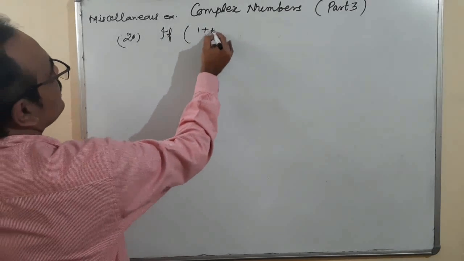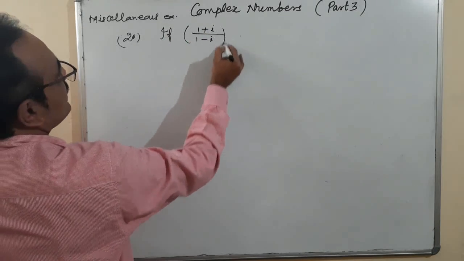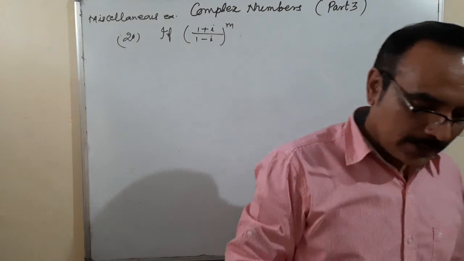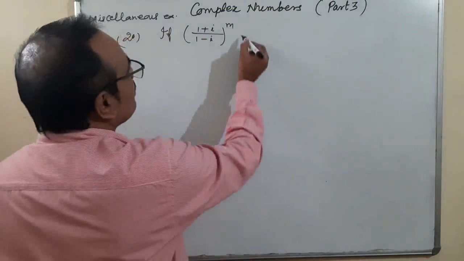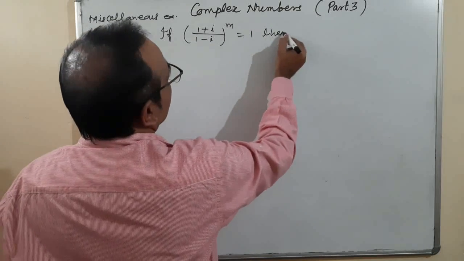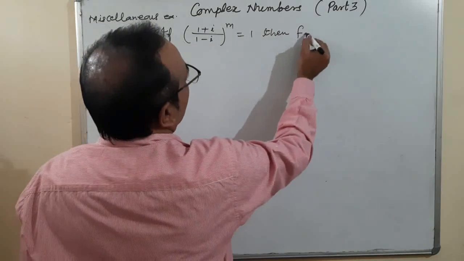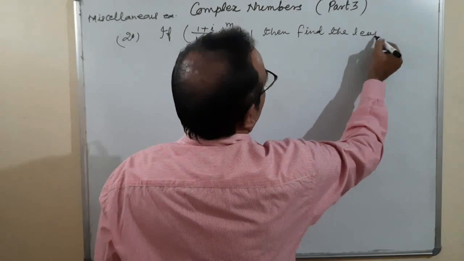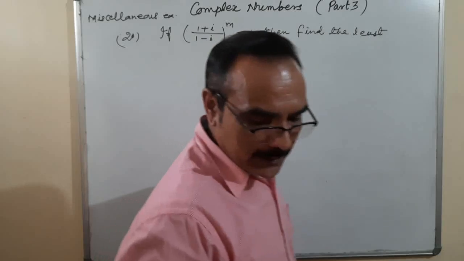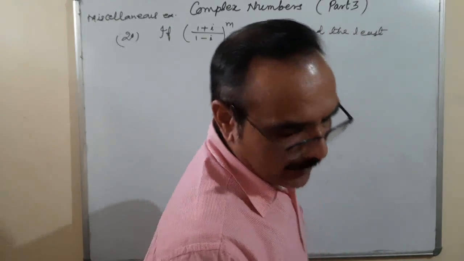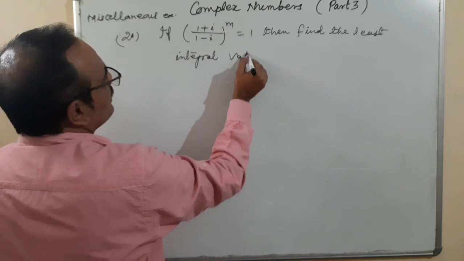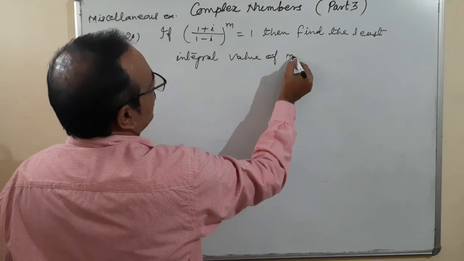If (1 plus i upon 1 minus i) to the power m is equal to 1, then find the least integral value of m. Least integral value of m.